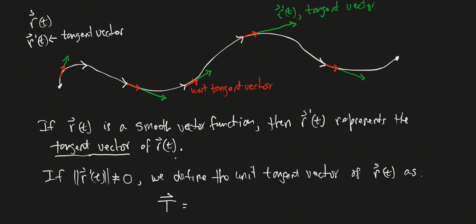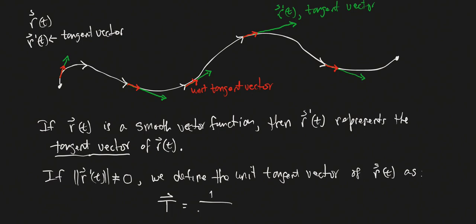The way we compute it, after finding the tangent vector, we normalize it. Now, do you remember how to normalize a vector? You multiply the vector by the reciprocal of its magnitude. So you take the magnitude of the vector, take the reciprocal.